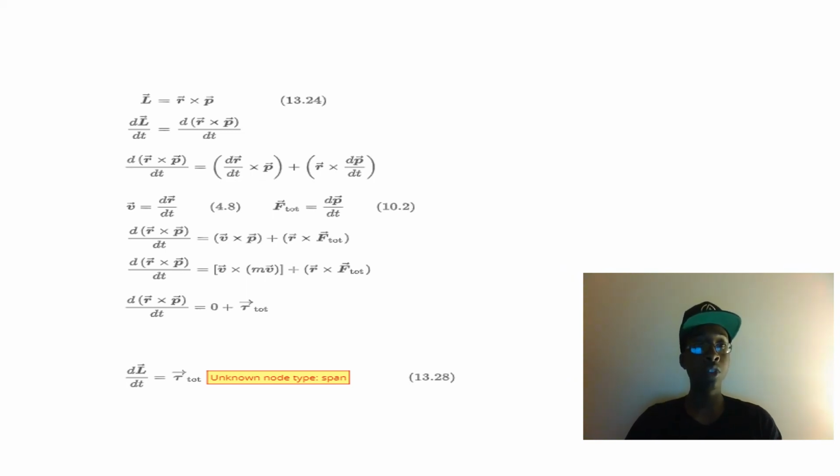We rewrite the derivative in the second term using the general form of Newton's second law, and as a result we get this formula: d over dt of r cross p equals the total torque. Finally, a net torque on a particle changes its angular momentum, so the derivative dL over dt equals the total torque.